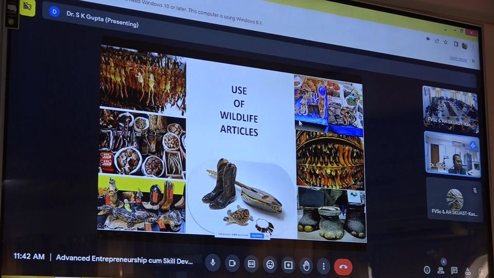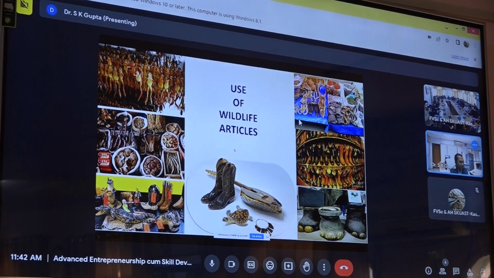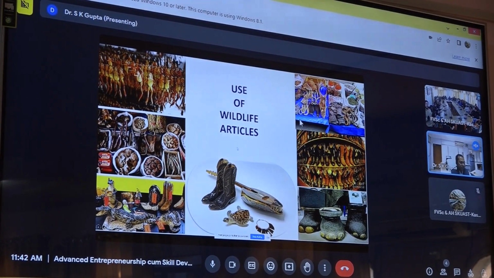In Southeast Asian countries, wildlife meat is taken as a delicacy. In street food, you will see a variety of wildlife meat being sold. And even in the Oriental region, dried animal products are being sold for so-called medicinal purposes, medicinal value.